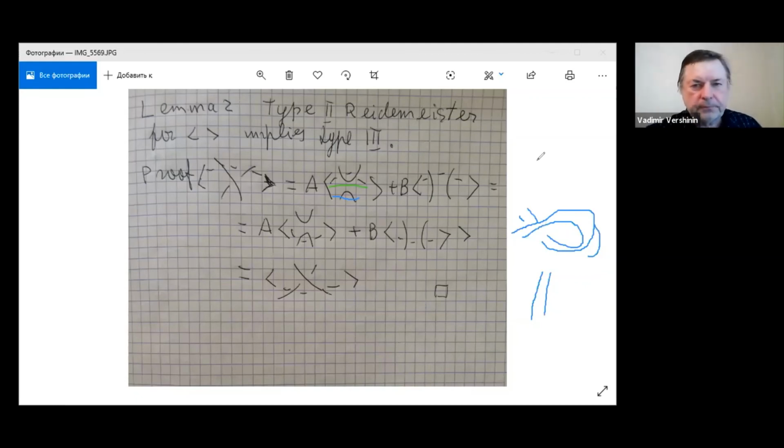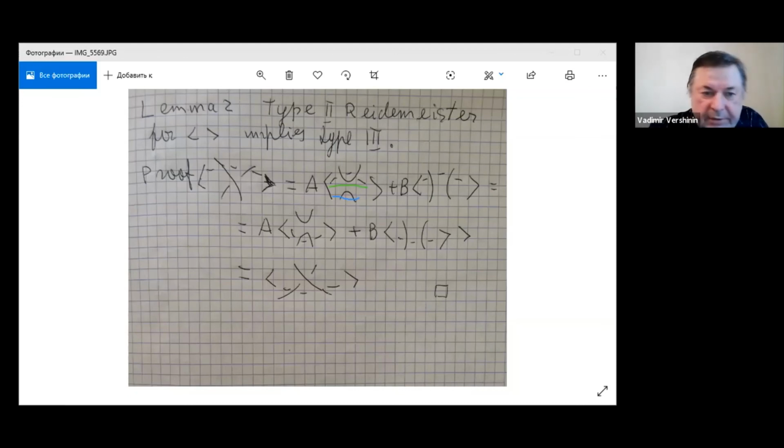Okay. Yes, exactly. Thank you very much. So this is the Kauffman bracket, which is invariant under two types of Reidemeister moves.